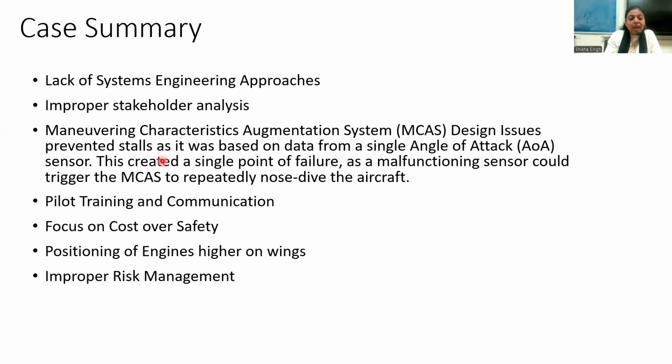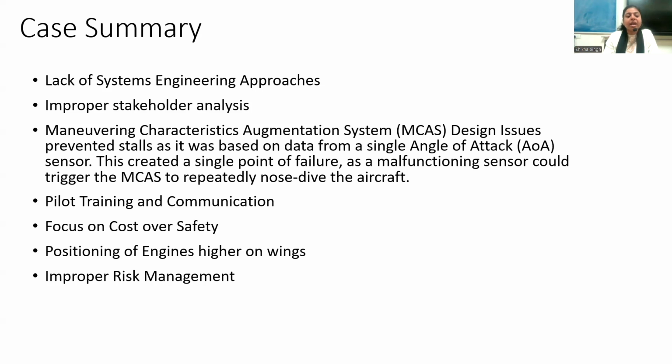And while the aircraft was in the air, it prevented the stalls as it was based on data from a single angle of attack sensor. This created a single point of failure as a malfunctioning sensor. So what happened due to the mismatch of center of gravity? Things were not working well in this case.